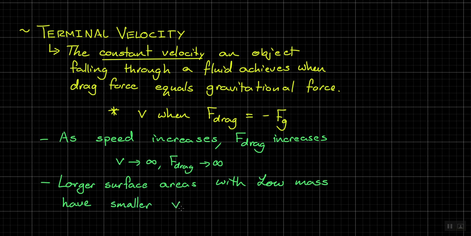And I'm going to go way out on a limb here, but I think you'll be able to make sense of it. There's my shorthand for terminal velocity, V sub terminal.